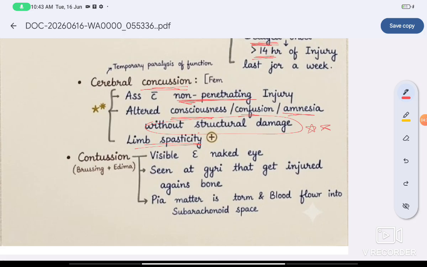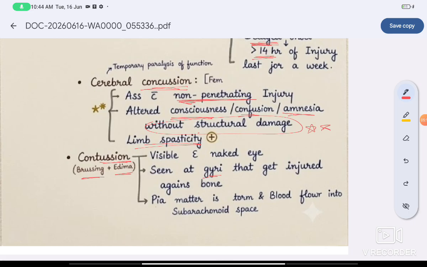Okay, moving further, it is contusion. Contusion includes bruising and edema. Contusion is visible with the naked eye. It is seen at the gyri that get injured against the bone. So when the brain is moving inside the cranial cavity, it gets hit against the bone, and then there is inflammation like bruising and edema of the brain gyri due to injury by hitting against the cranium.